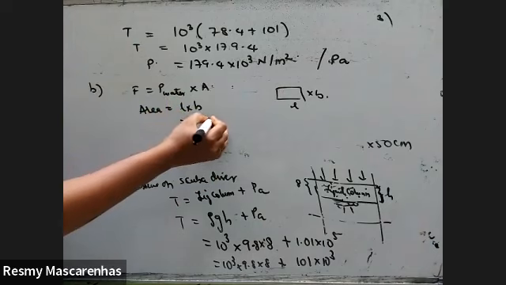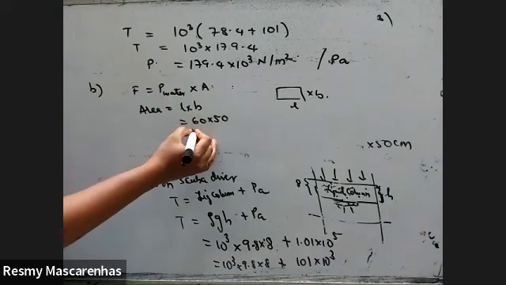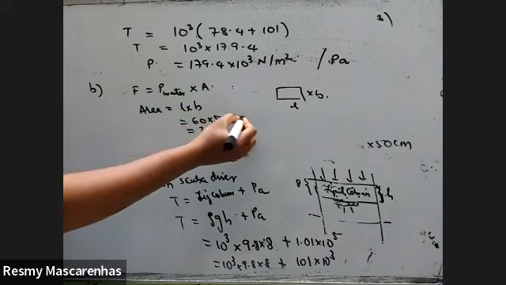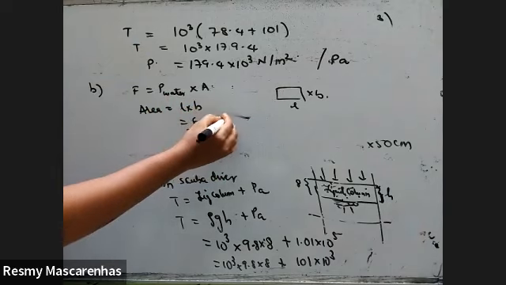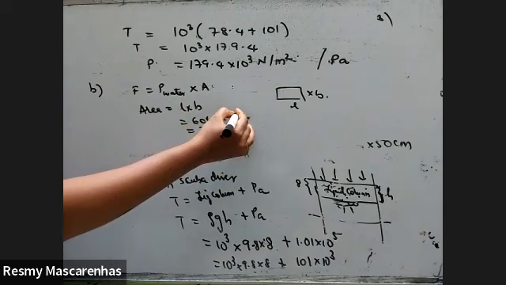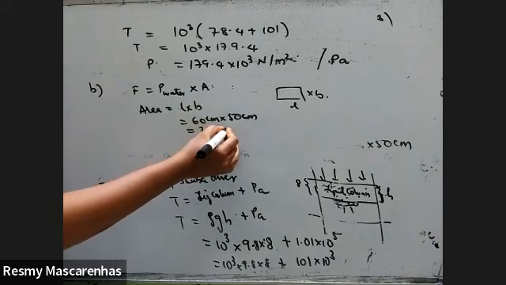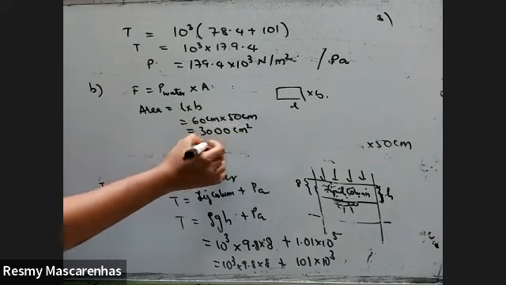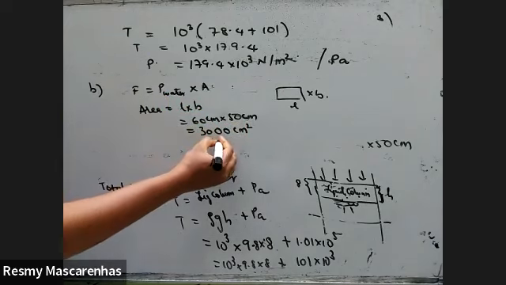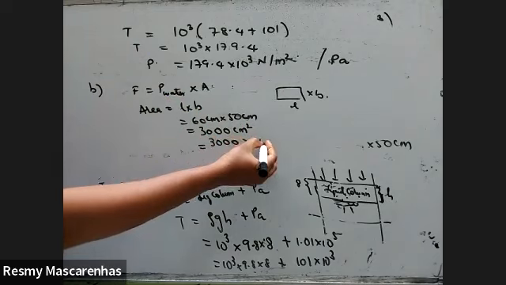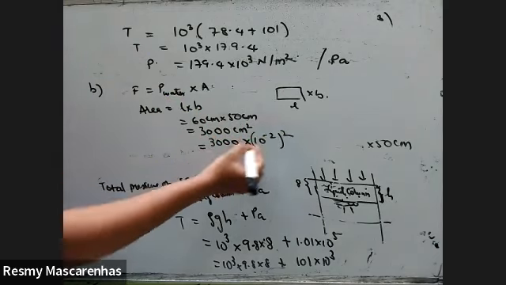So 60 into 50, both are in centimeters. 60 centimeter into 50 centimeter, so that will be 3000 centimeter square. But we never write in terms of centimeters, we'll have to convert it: 10 raised to minus 2 the whole square.